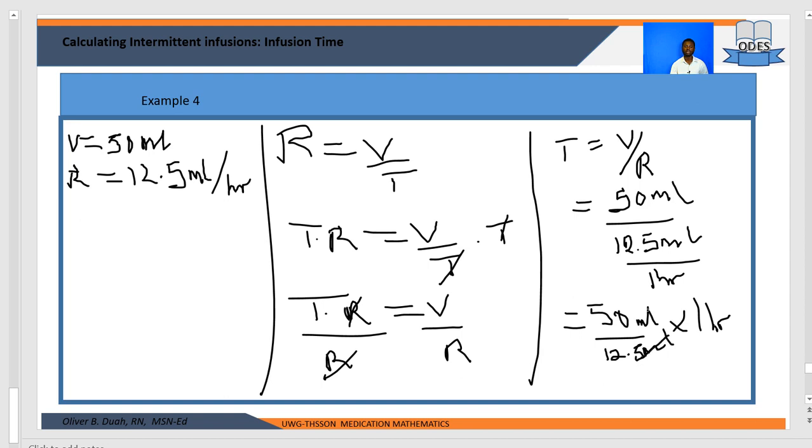So ml will cancel ml, and now our final answer is going to be 50 divided by 12.5, 4. So it's going to take 4 hours for us to infuse 50 ml of Zoxyn at a rate of 12.5.